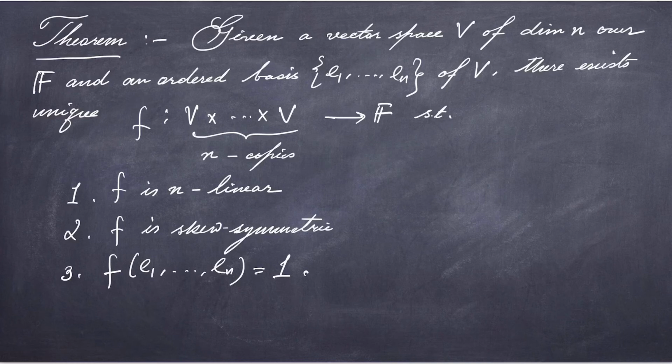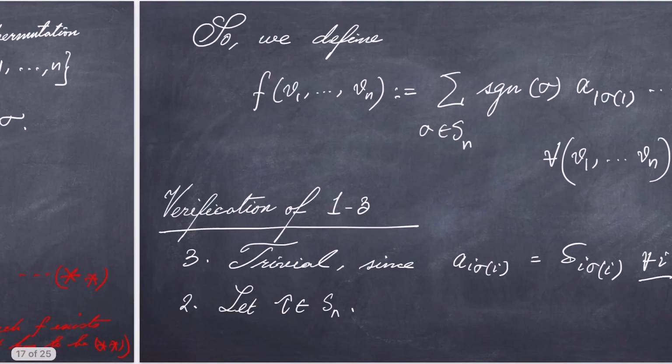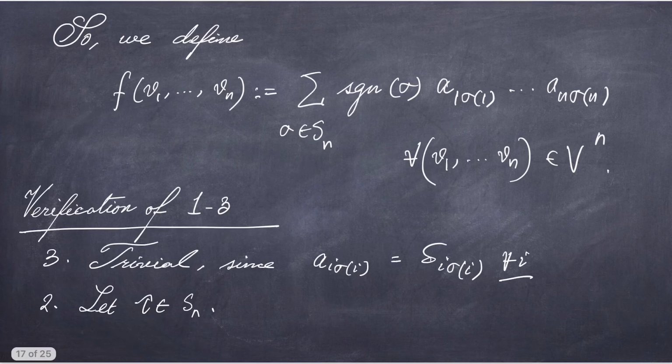But now we will show that we have one, and we define F to be like this. So now, in order to establish our claim that this F satisfies the required three properties, we will verify the properties 1, 2, 3 one by one.